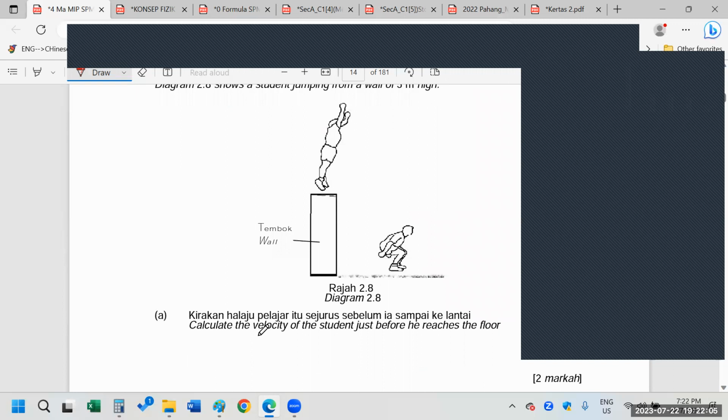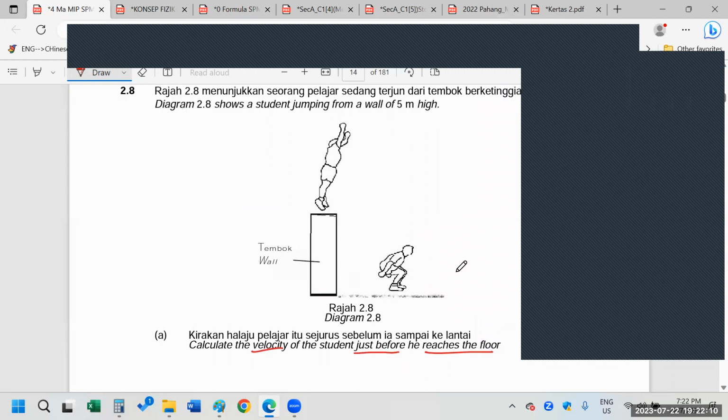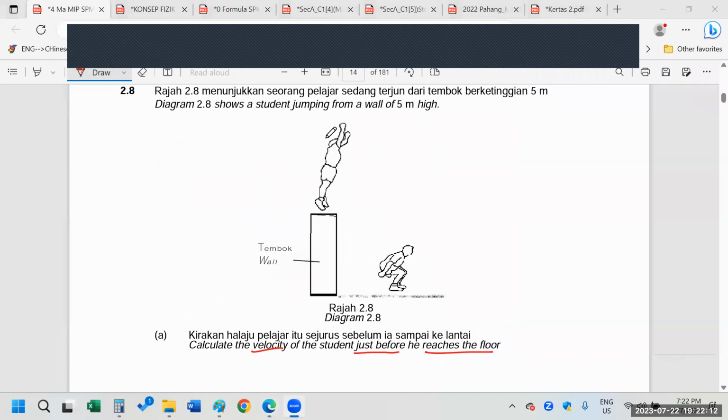All right, now calculate the velocity of Sultan just before he reached the floor. The only information is the wall is 5 meters in height. Okay, so actually this kind of question, jumping, falling, and so on, is treated as free falling.